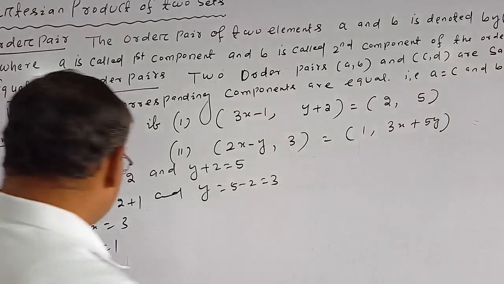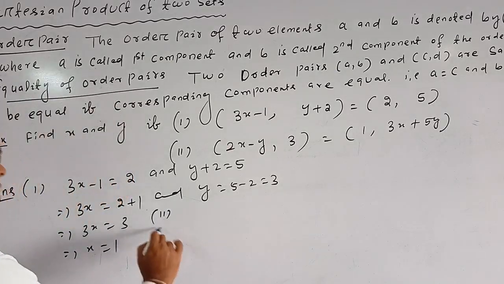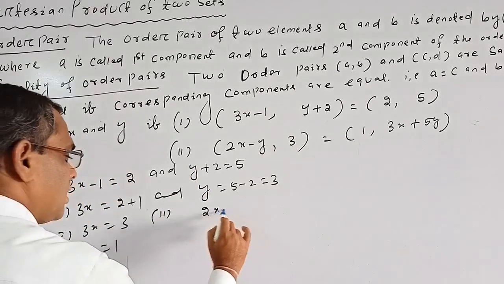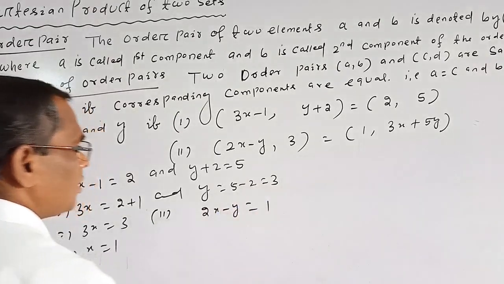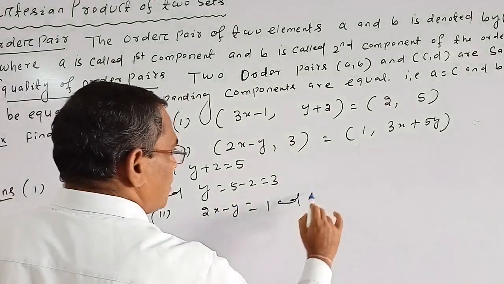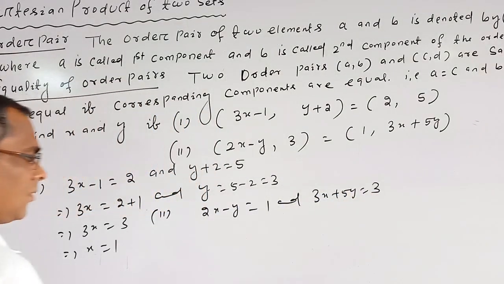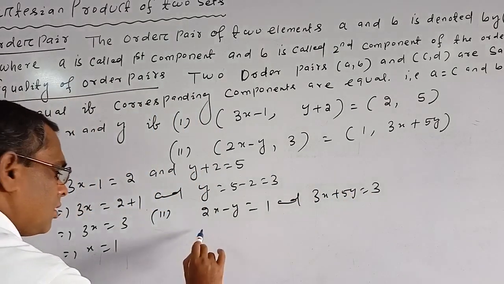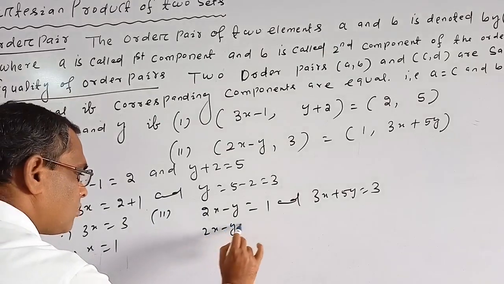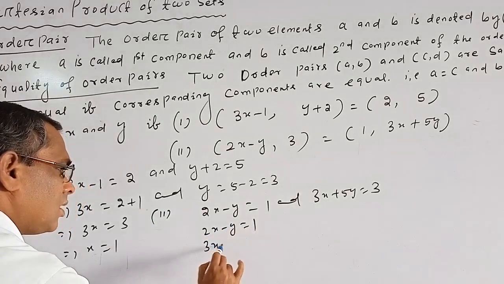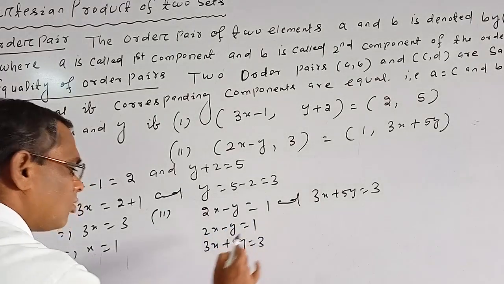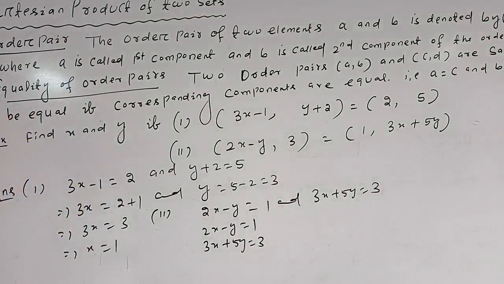Okay. Next, number 2. So here 2x minus y is equal to 1, and 3x plus 5y is equal to 3. So you have 2x minus y is equal to 1, then 3x plus 5y is equal to 3. Find the values of x and y.